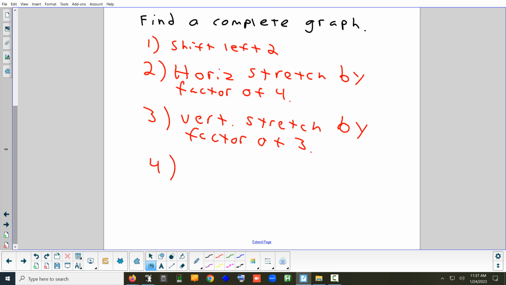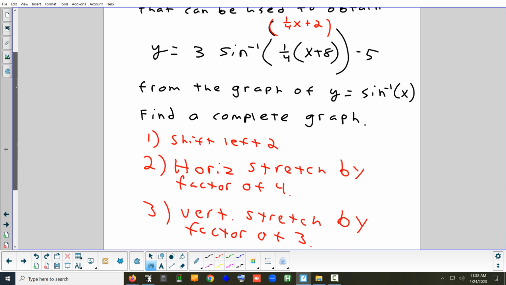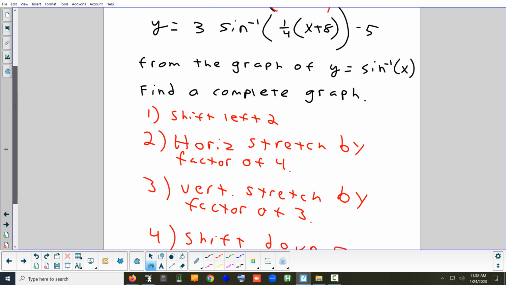And if you say down, down automatically means vertical. So you could just say shift down 5. Same thing here. You can just say shift left 2. You don't have to say shift horizontally left 2. Okay. Any questions on identifying transformations? What was the fourth? Oh, sorry. Shift down 5. Yeah.